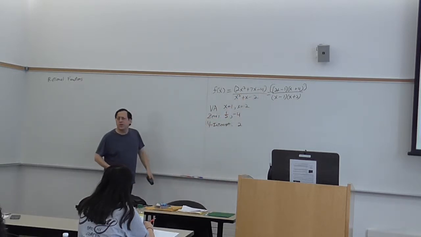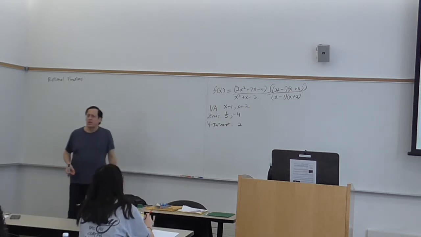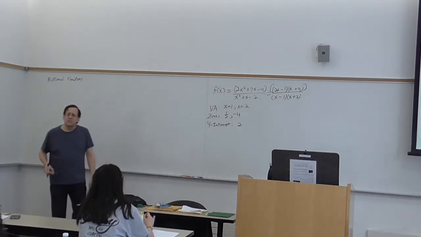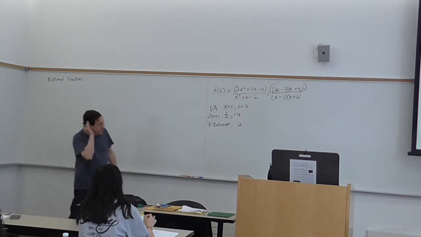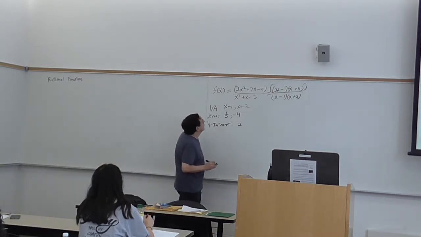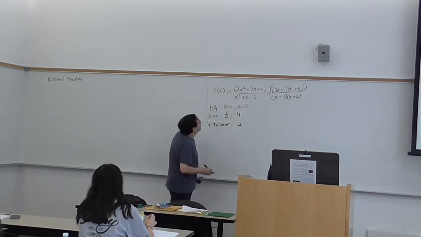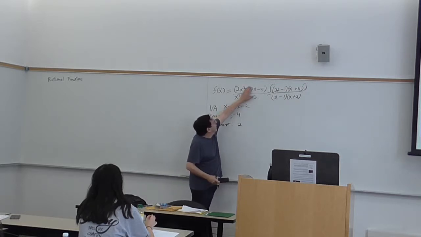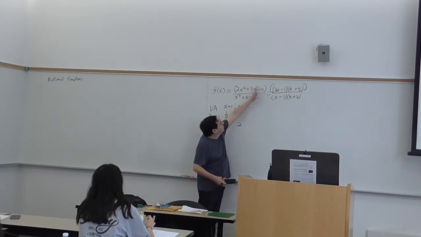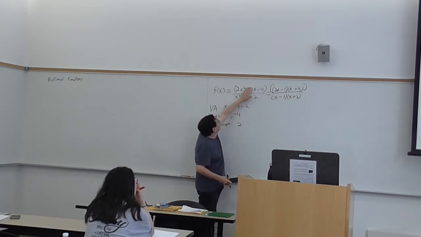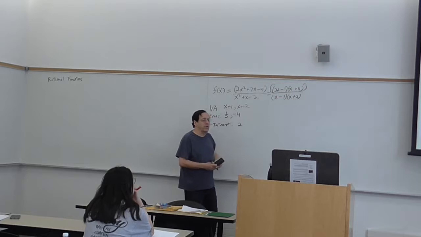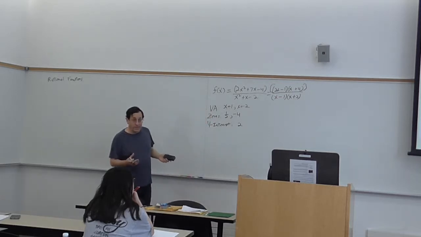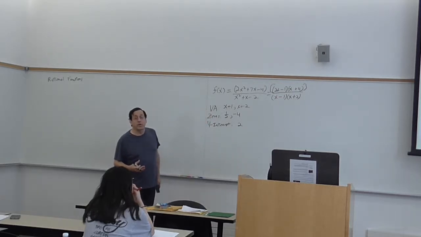What does that tell us? 2 divided by 1. Well, yeah. As x gets very large, these become insignificant, so you end up with just 2 over 1, right? Okay. So what does that tell us about the end behavior?